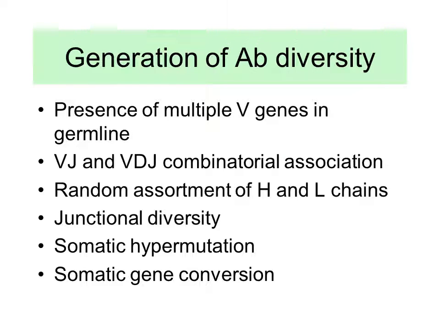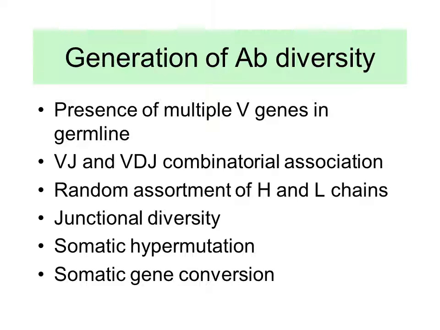Now, these different mechanisms that we have discussed allow us to have a number of genes and generate a vast number of antibodies, each one of them having a different type of receptor or antigen specificity. When we say we can generate a diverse group of antibodies, what we are saying in immunological terms is that there is a presence of multiple V genes in the germline.